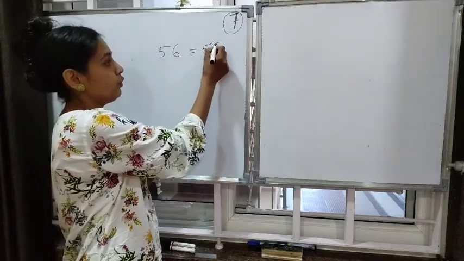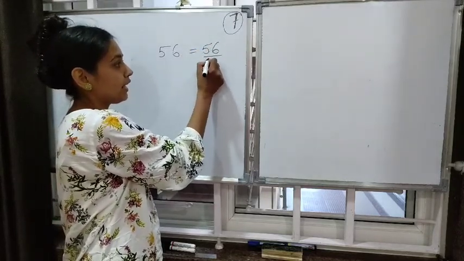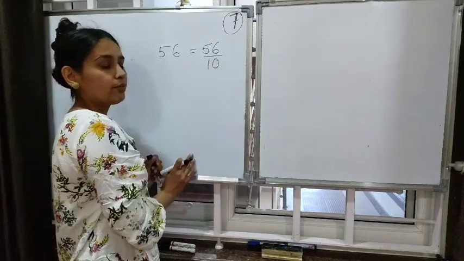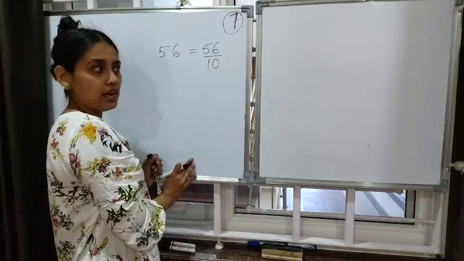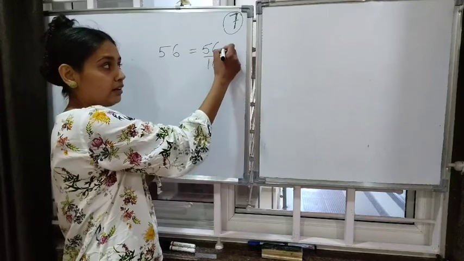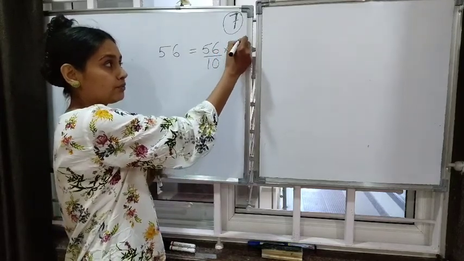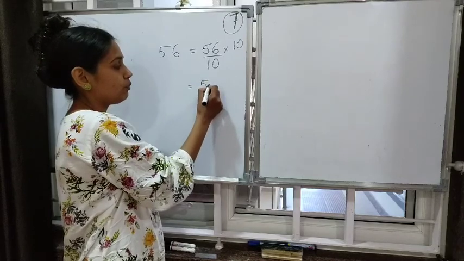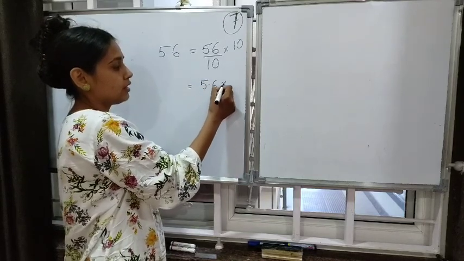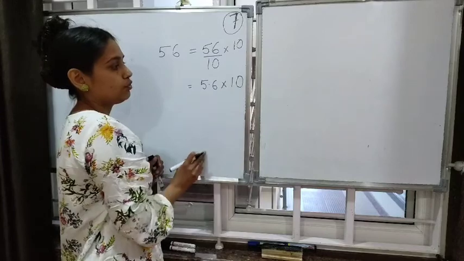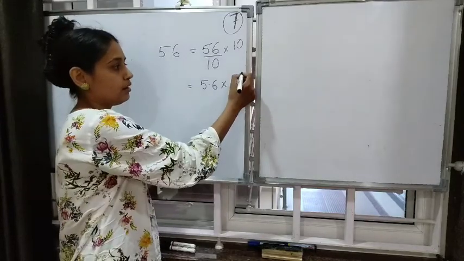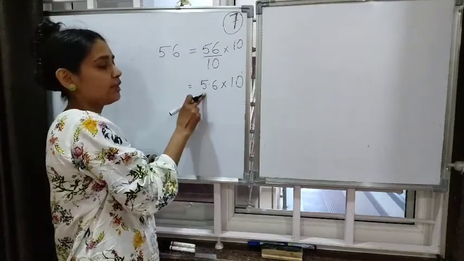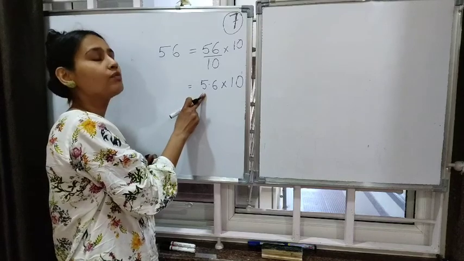If you divide by 10, it will become a decimal 5.6. Now since you are dividing, you need to multiply. So this is 5.6 into 10 to the power 1. So 56 is written in between 1.0 and 10.0.